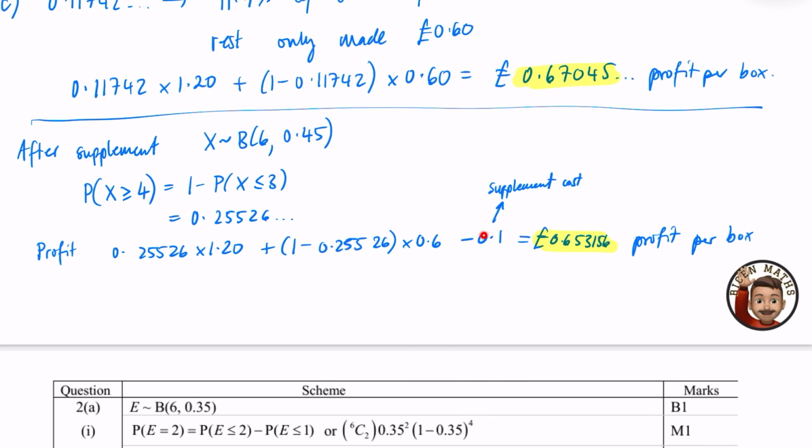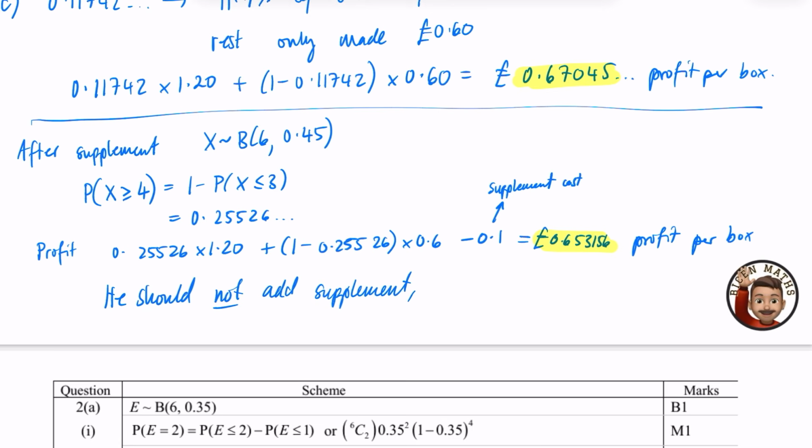If it didn't cost 10p, of course it would be better because you've got a higher proportion of large, but it's too expensive. So we just need to say he should not add the supplement.